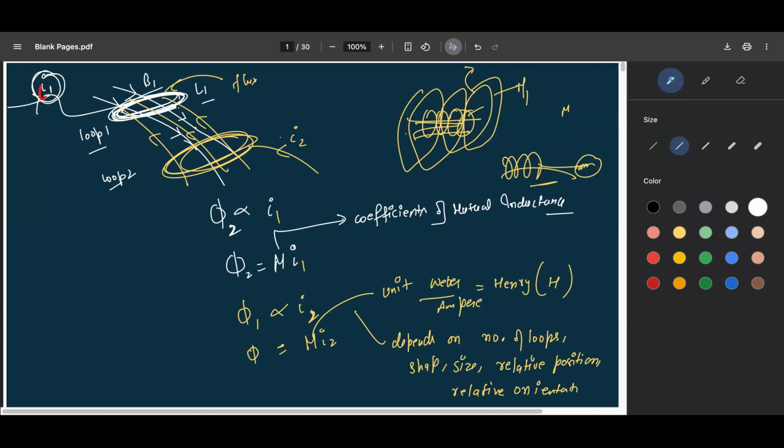When I said you had a current I1, due to this current I1, you are having some magnetic field passing through this loop, right? What is that magnetic field? This much. Due to this presence of magnetic field, you had some induced current in this, right? Can I say that the induced current will also provide a magnetic field in a reverse direction? Can I say this?